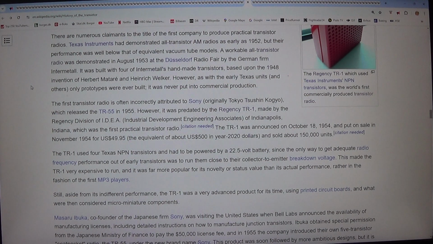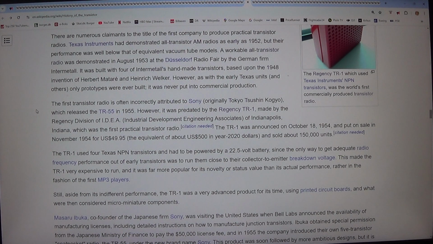It was built with 4 of Intermetall's handmade transistors, based upon the 1948 invention of Herbert Mataré and Heinrich Welker. However, as with the early Texas units, and others, only prototypes were ever built. It was never put into commercial production.